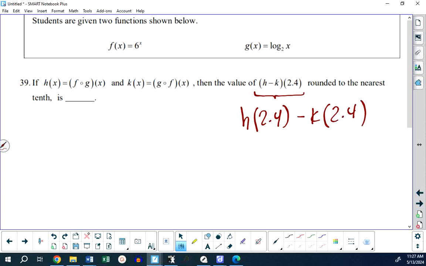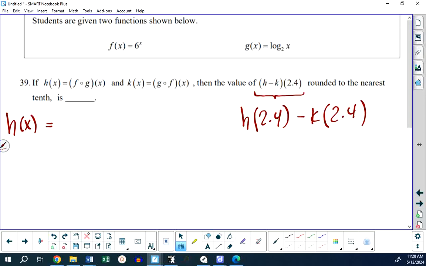Which means you need to put 2.4 into h, and you need to put 2.4 into k. I'm going to do it by determining h of x and k of x first, and then I'm going to show you another method.